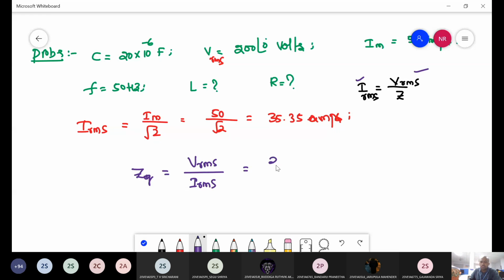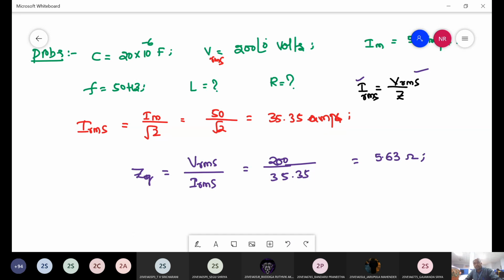V is 200, IRMS is 35.35. Calculate it. It is 5.66 ohms.